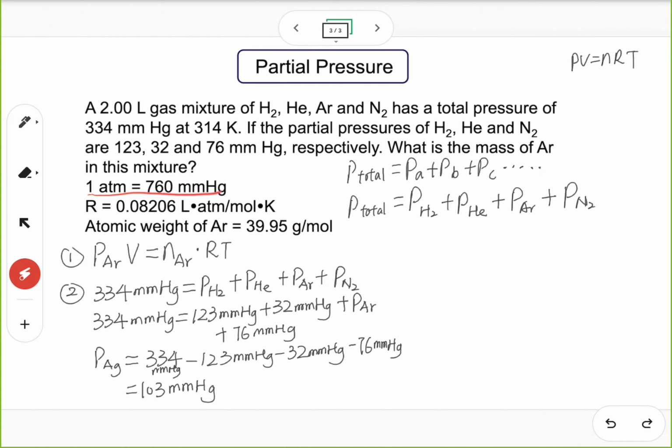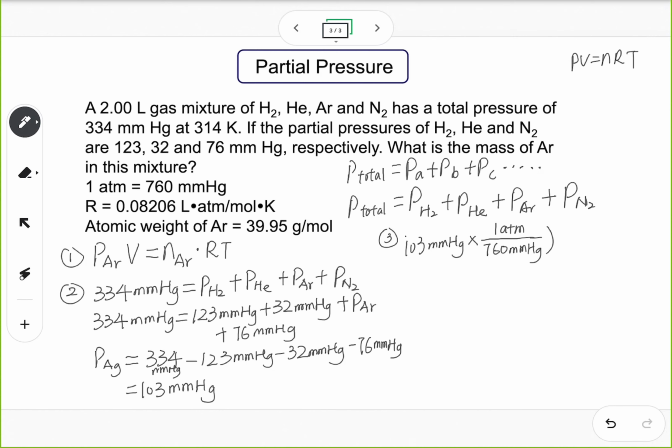The unit conversion factor is given here. So step 3, let's convert 103 millimeter mercury to ATM: 760 millimeter mercury at the bottom, 1 ATM on top.